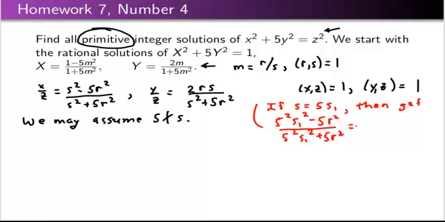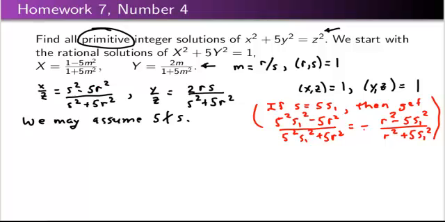Divide the 5 out of top and bottom and just rearrange it. So you'll get minus r squared minus 5s1 squared over r squared plus 5s1 squared. So again, you're getting a fraction of the same type we've seen right here. We're just interchanging the roles of s and r, and you've introduced a minus sign right there.